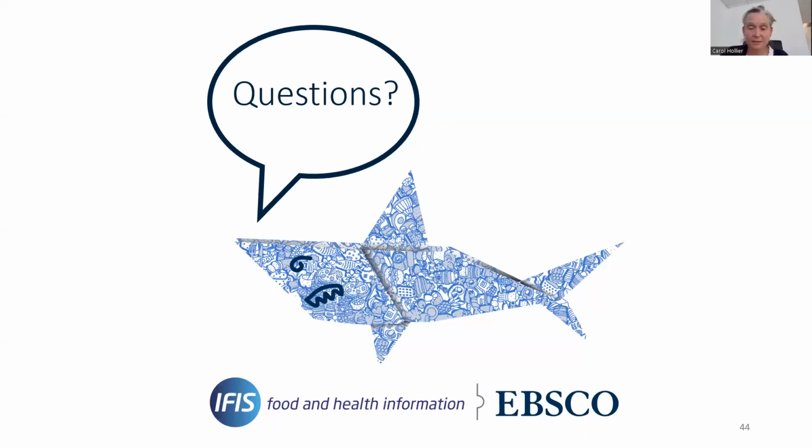We have many, many journals in FSTA, but because their subject breadth is so much larger, they'll just have that many more. So I think it's more likely to be a problem for a database that is broader than one that is very subject focused.